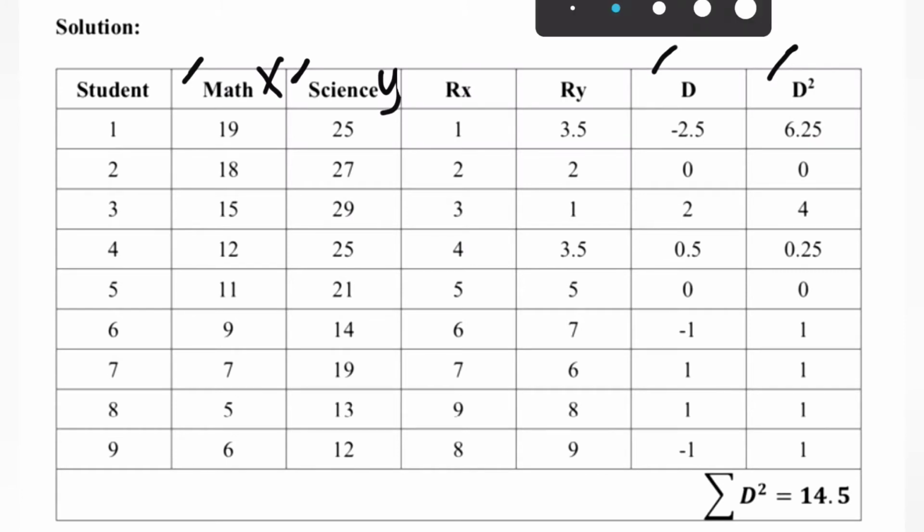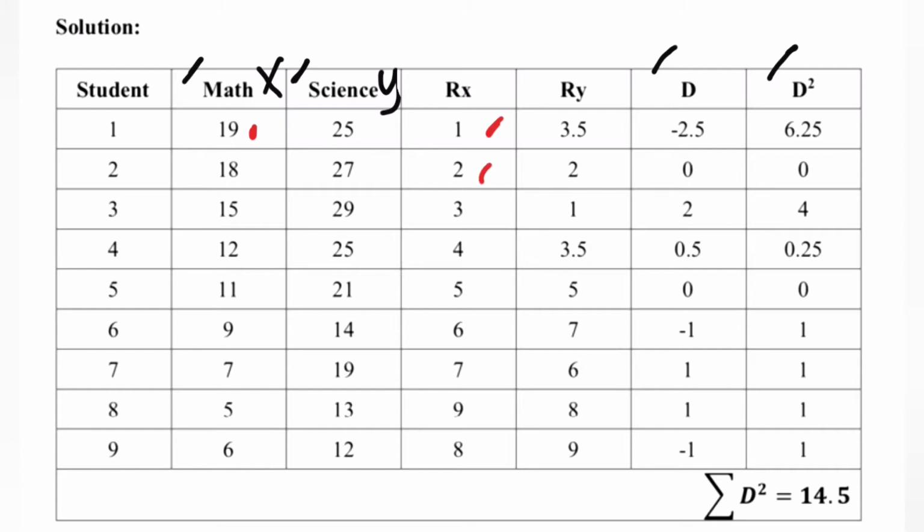Dito, una natin ay yung 19. So, alam naman natin sa set of data na to, sa mathematics, ang pinaka-highest ay 19. Therefore, yung score ng student 1 ay yung pang first. Okay? 19 is first. Next, ang sumunod na score sa kanya ay 18.